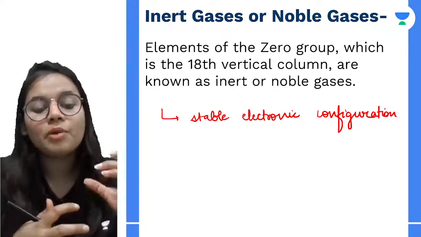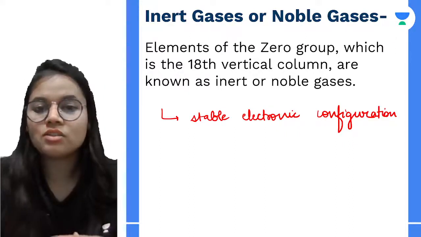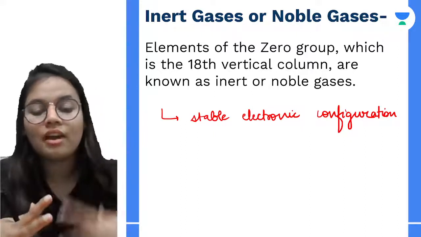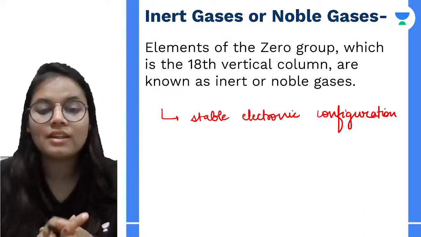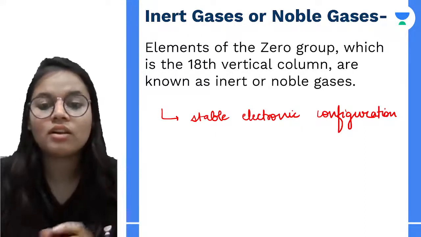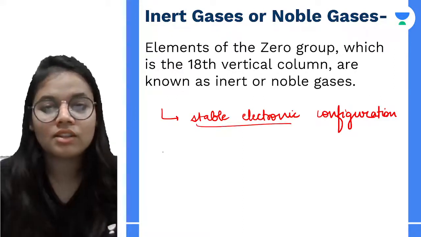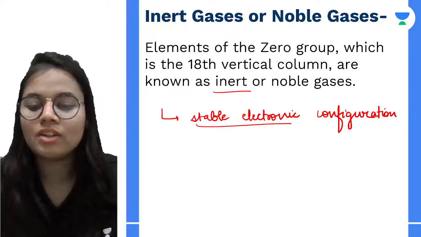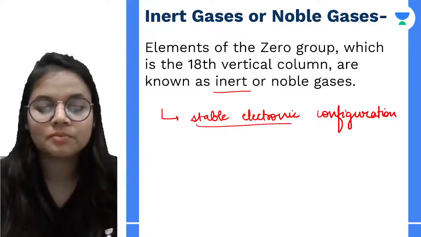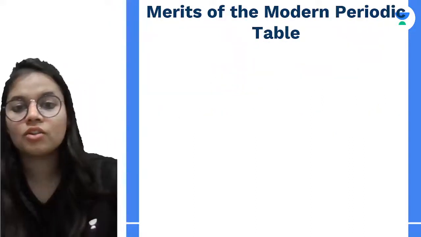Because they have 8 electrons, they can neither gain nor donate electrons, and hence they have a stable electronic configuration, and that is why they are known as inert gases. Hope that is very much clear to you.